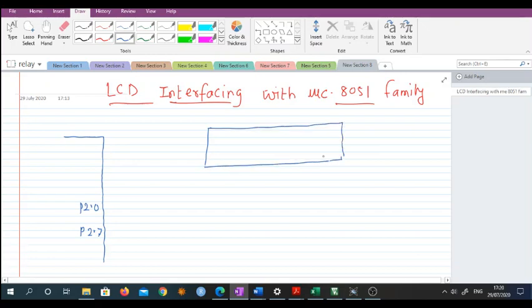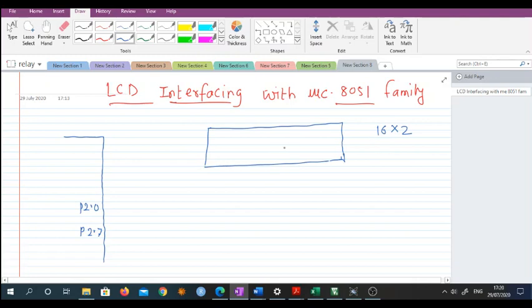So what is meant by 16 by 2? I will cover it in a while. There are various specifications of LCD that come in the market, such as 8 by 2 and 32 by 4. So various categories of displays come in the market.